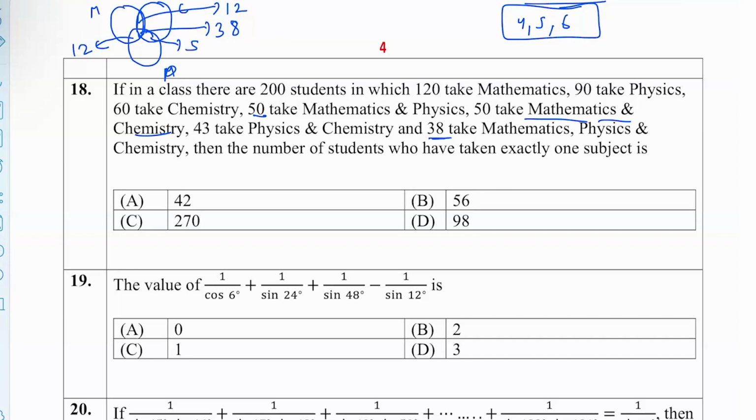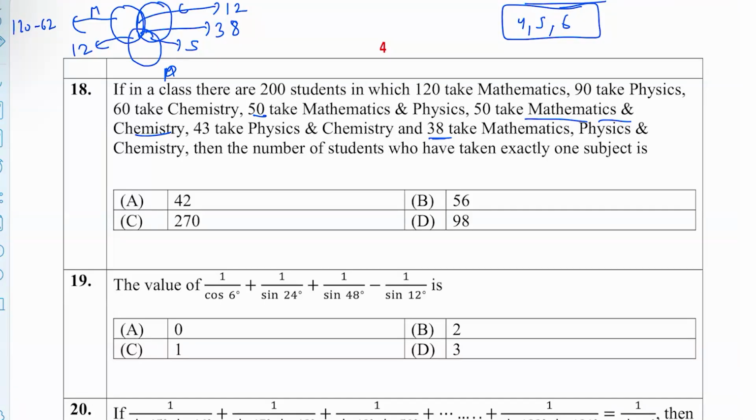Okay, so now using this, total maths: how many are taking? 120 are taking maths, but out of that you have to remove 12 plus 12 plus 38. So 24 plus 38 is 62. So 120 minus 62 is taking maths only. Physics is taking 90.